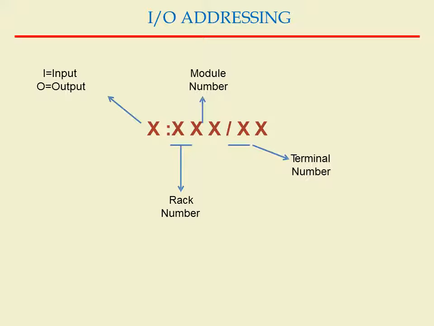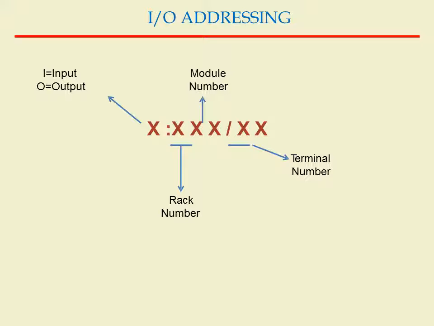So here is the format for I/O addressing. You can see the first character is given for input or output. So in place of this X, if there is I, it indicates that it is the address for the input device. If it is O, it indicates that it is the address for an output device.